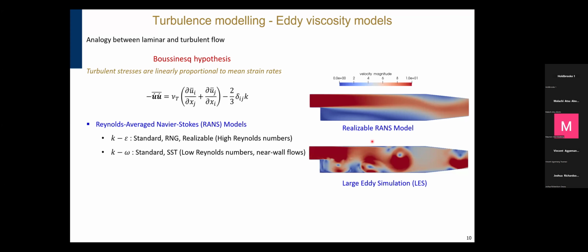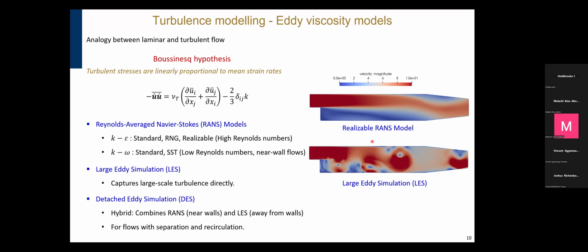So LES does capture large-scale turbulence directly, but the computational cost is much higher compared to the case of RANS.